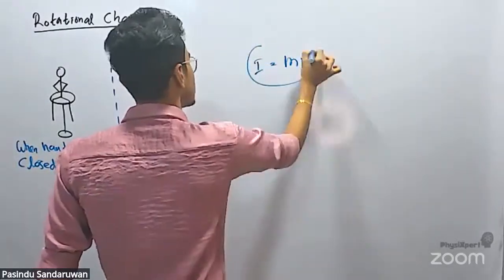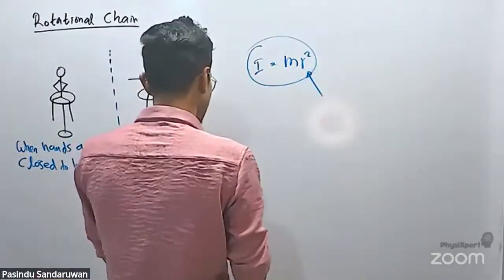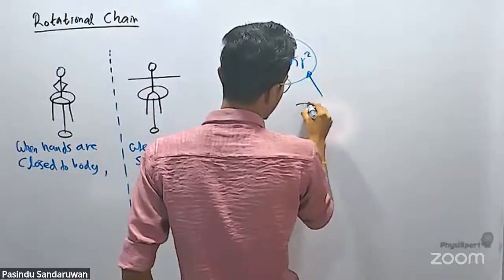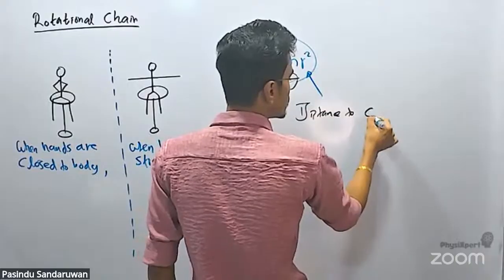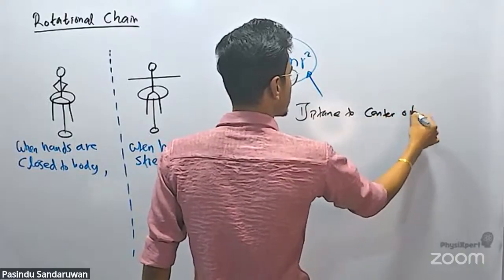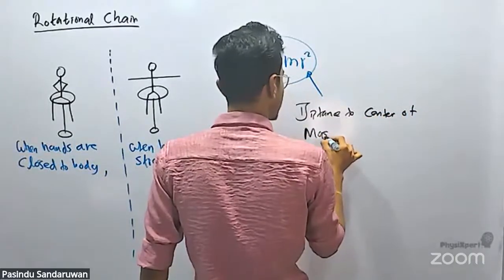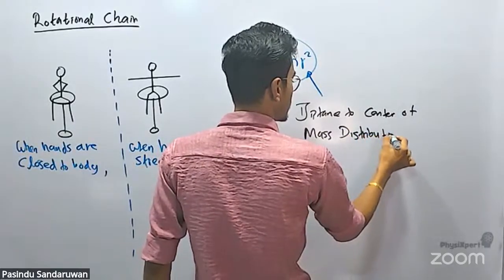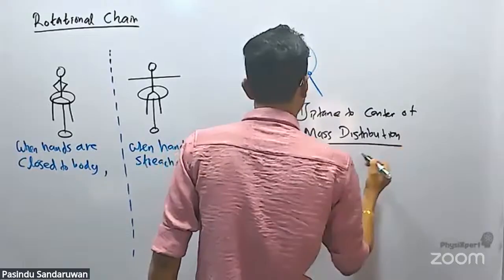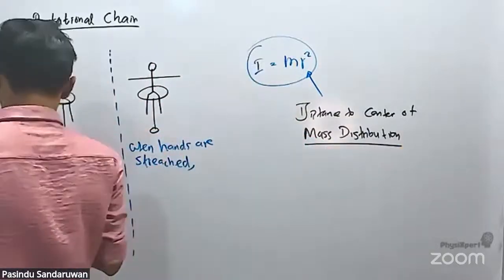I equals mr squared, where r is the distance to the center of mass distribution, right?